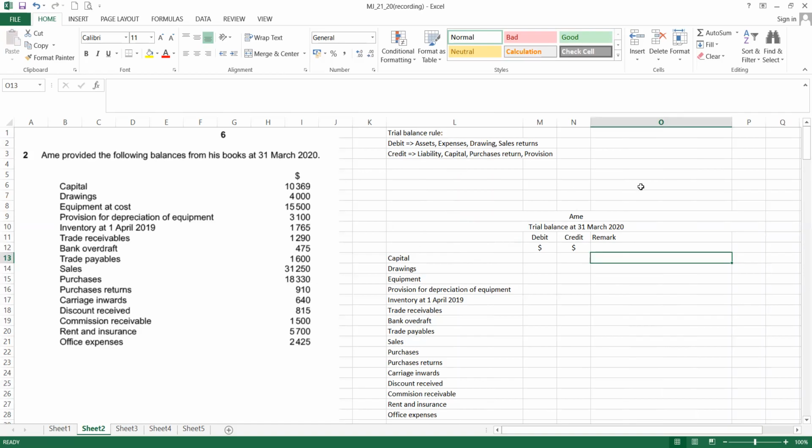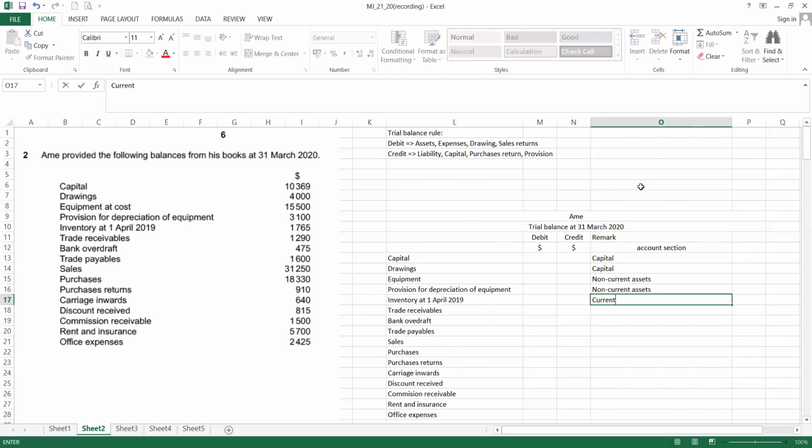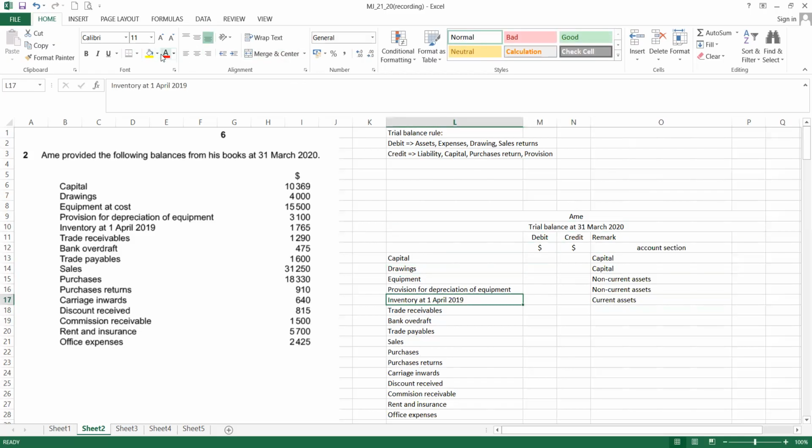Capital is under the capital section. We are talking about the account section here, so that you get a better idea. Capital is under capital section. Drawing is actually under capital section. Equipment is a non-current asset. And then provision is also non-current asset. Inventory, current asset. And in the trial balance, take note that inventory must be the opening inventory only.